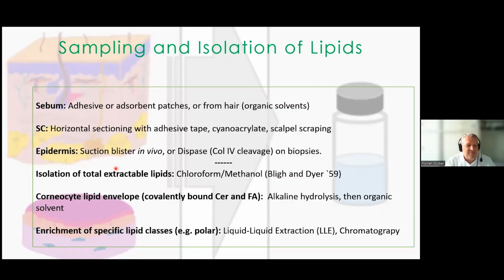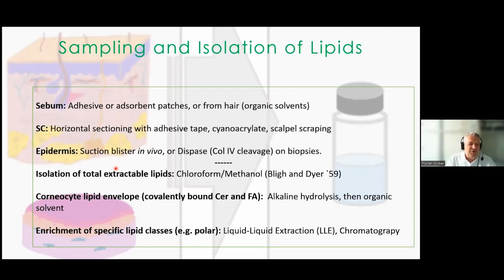The stratum corneum can also be obtained by trypsinization from punch biopsies or from ex vivo explants. To gain a full epidermal lipid spectrum, one can also separate the epidermis from the dermis in vivo using the suction blister technique. The good thing about that is that you can also collect interstitial fluid lipids that can be analyzed.